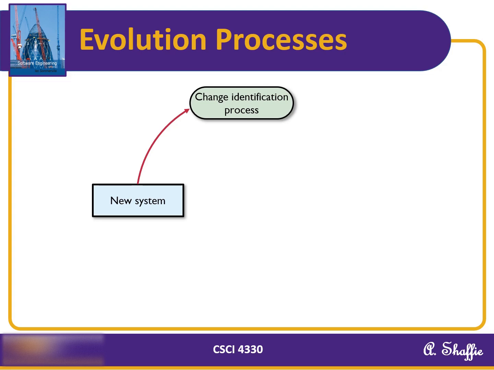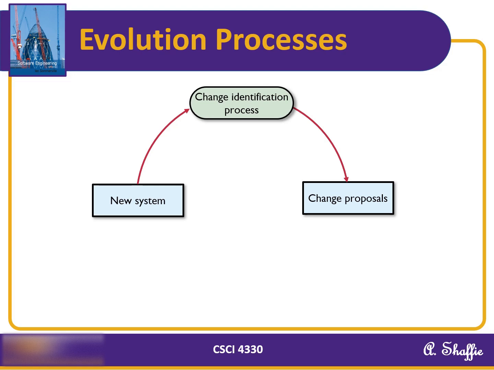At this process, the stakeholders, such as users, developers, and managers, recognize areas for improvement or necessary adjustment. This could include new features, bug fixes, or system optimization. The output of this process is change proposals, which document specific suggestions for changes.